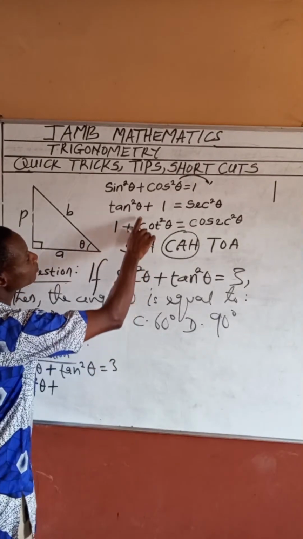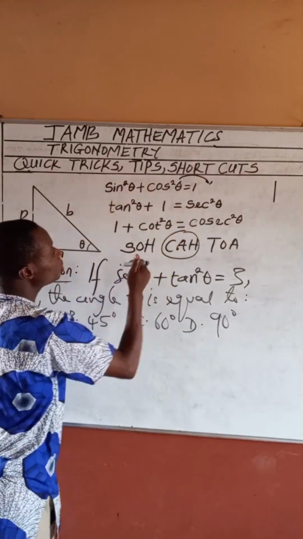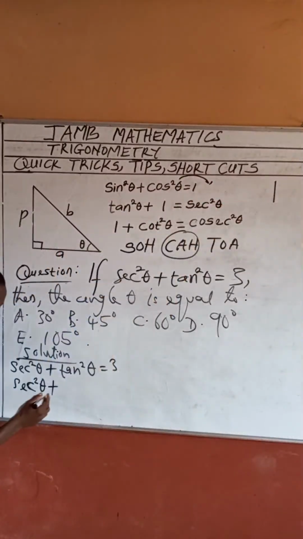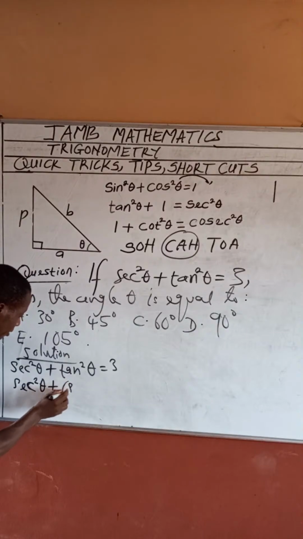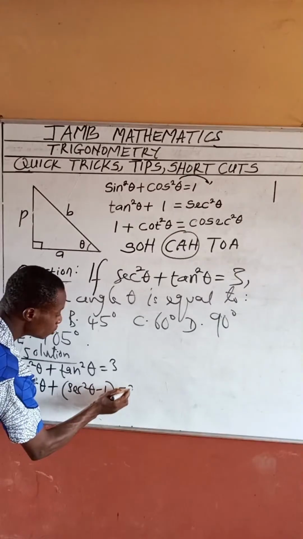So this is tan square theta. Tan square theta is sec square theta minus 1. So take this one to this other side. That gives us plus sec square theta minus 1, then equals to 3.